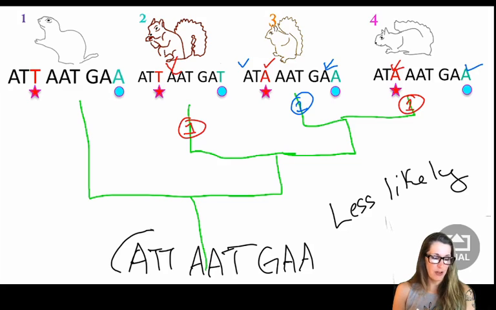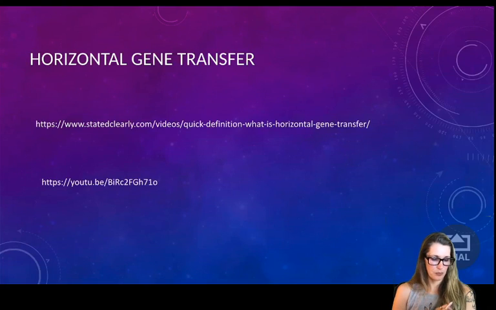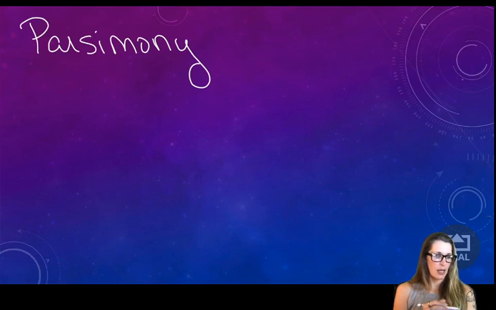And what you'll find is that if we don't start with the ground squirrel as the ancestral state, our number of changes is 3. So the ground squirrel is more likely to be the ancestral state. Okay, so parsimony is least number of changes, basically.